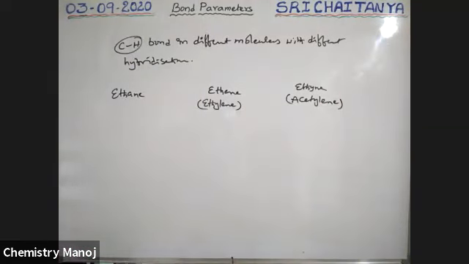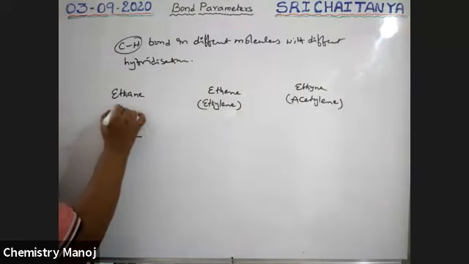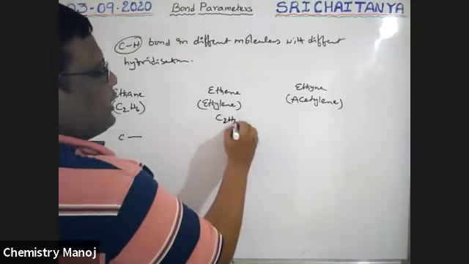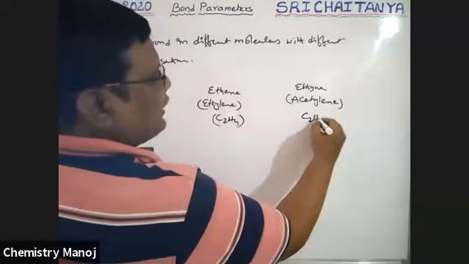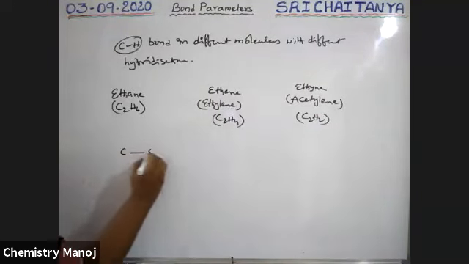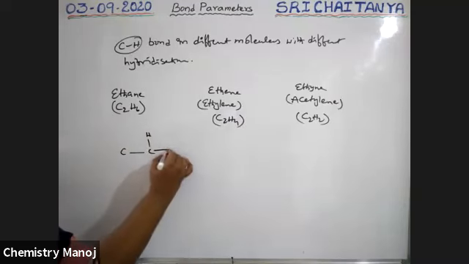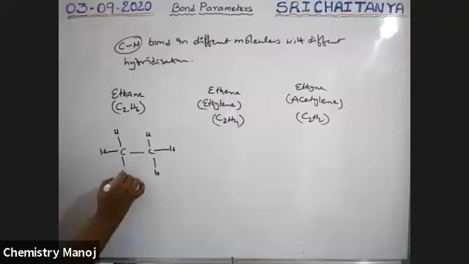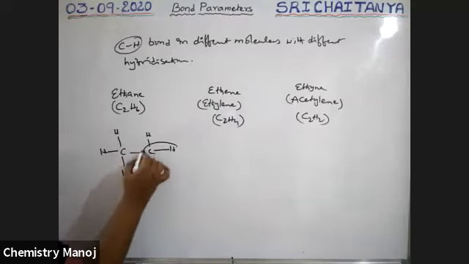Now here, ethane formula C2H6, ethene formula C2H4, ethyne formula C2H2. See here, C single bond C, 3 hydrogens. Now I am considering the CH bond.